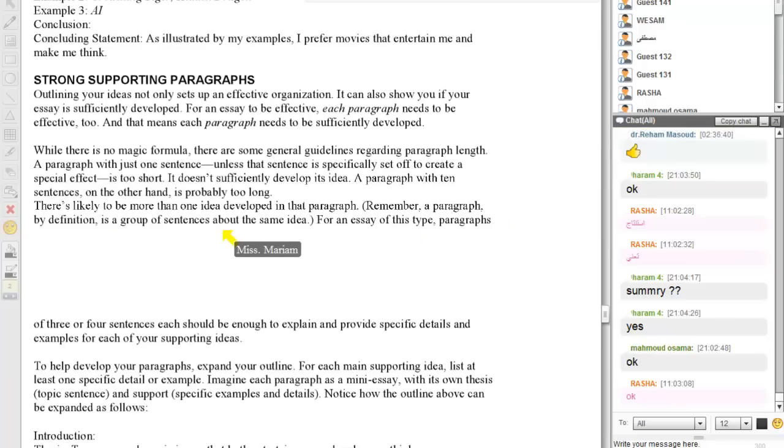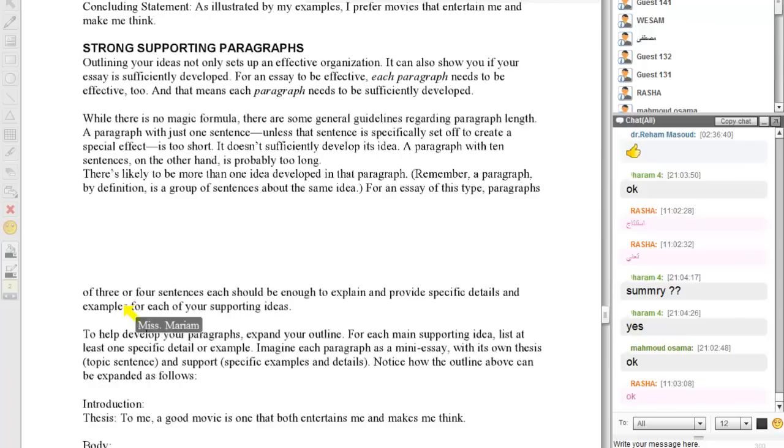Again, remember, a paragraph is defined by a group of sentences about the main idea or the same idea, so it should be long as a result.